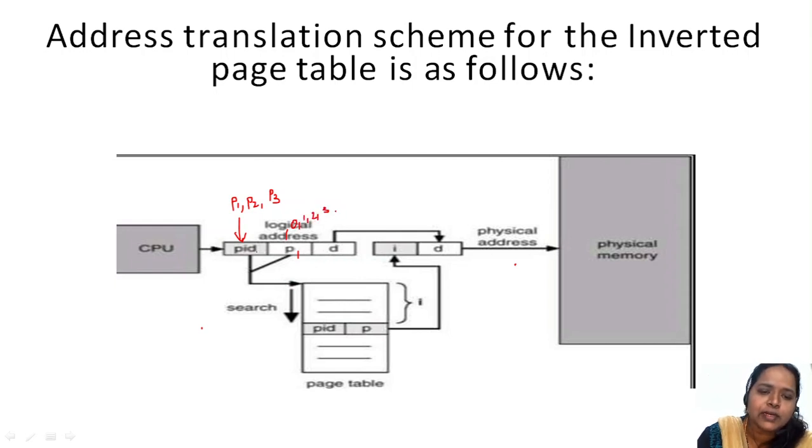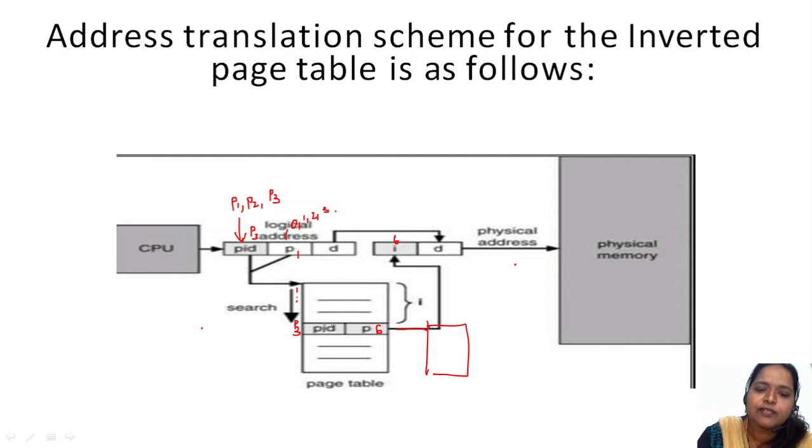So that process ID we will check. Suppose the process ID is P3, we will check in the page table for that process. Okay, P3 process is here, and which page, 6th page it requires, so we will take this 6th page, and it is going to be mapped over here.